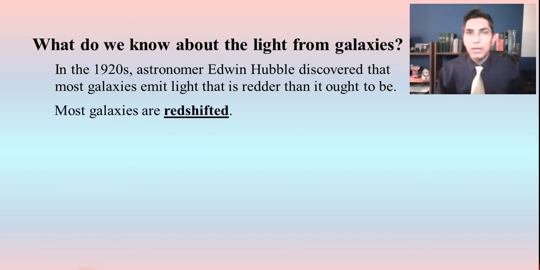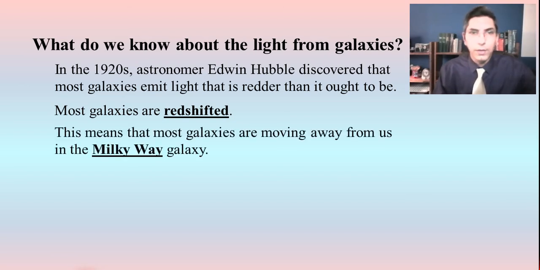And so that means that we can say that most galaxies are red-shifted. Now, if most galaxies are red-shifted, then what does that mean? Well, from what we know about the Doppler effect, and this is fairly simple physics here, it tells us that most galaxies are moving away from us here in our own Milky Way galaxy.